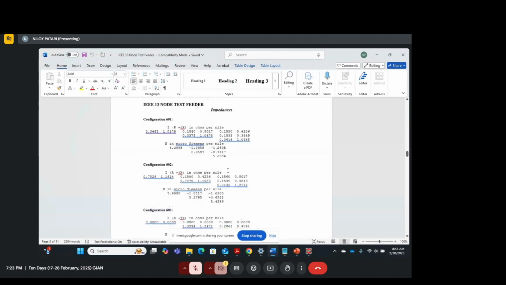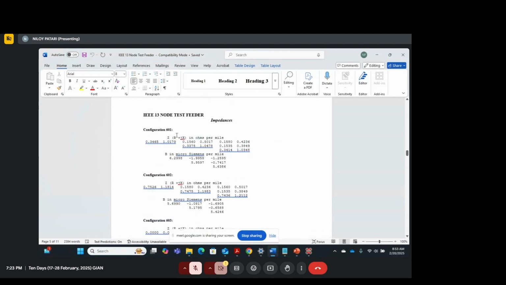Now, if you come here, the 601 configuration R and X values are already given here. And it looks a bit different, right? It looks like a 3x3 matrix where these particular elements, 2,1, 3,1, 3,2, are not given. It's symmetric.